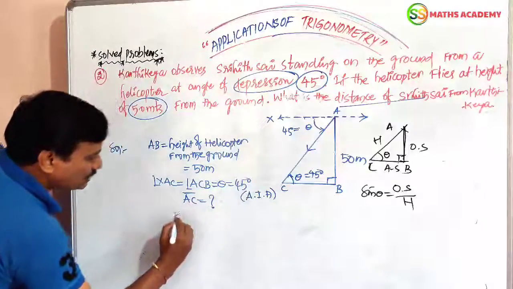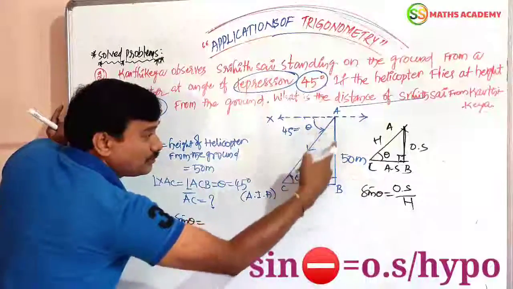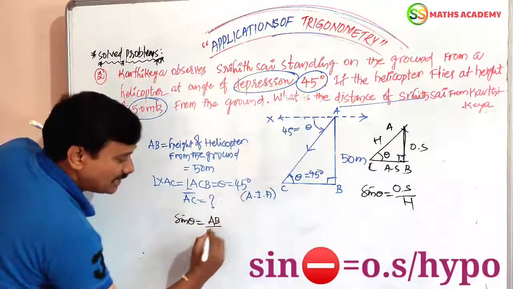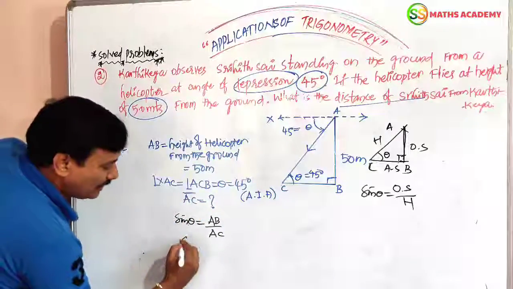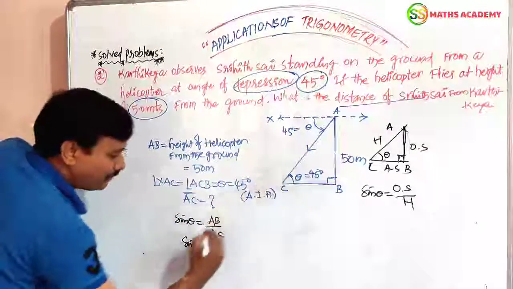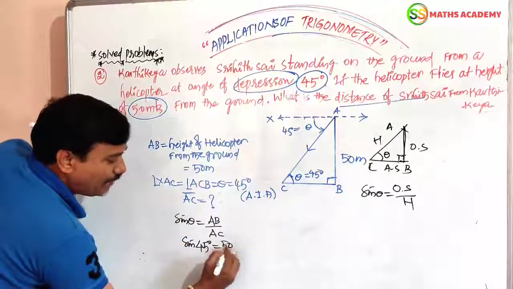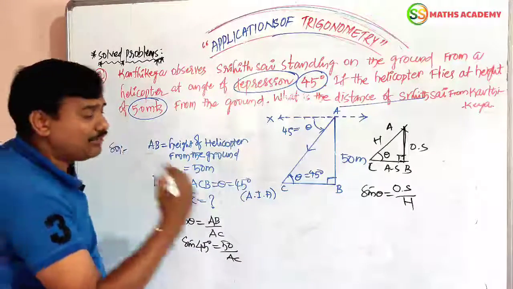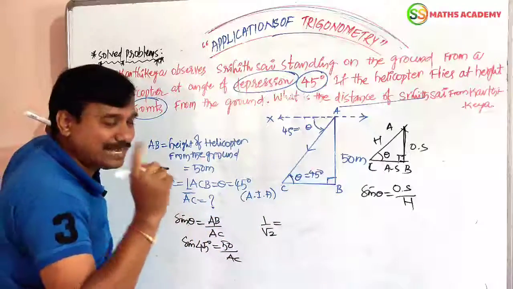Chalo. Now sin theta equals the opposite side, which is AB, over the hypotenuse, which is AC. Now theta is 45, and substituting AB which is given as 50, we have to find the distance between the two persons. Sin 45 is 1 by root 2, very nice. Sin 45 and cos 45 are the same.